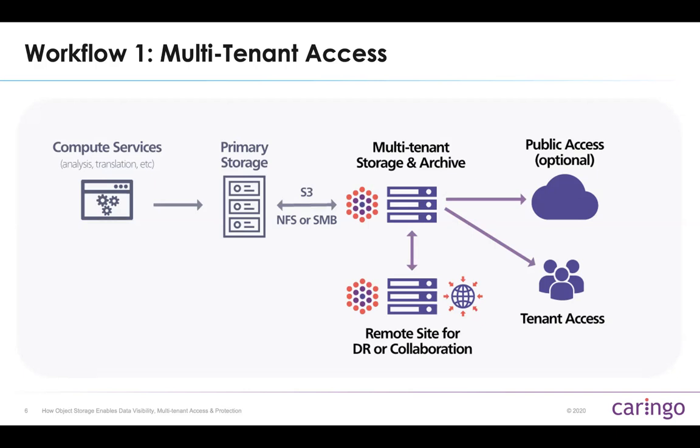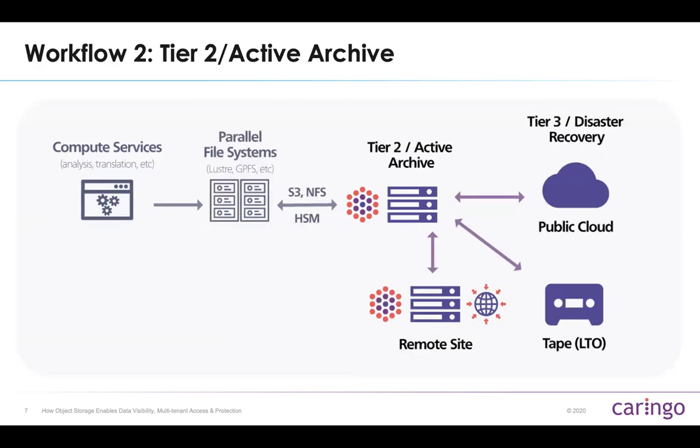It's still archived data, but it's searchable, it's instantly accessible, and you can share it. You go ahead and you offload your primary storage. So you save your investment there. You make that primary storage faster because it has less data on it. You put it on a highly scalable pool of storage like Caringo Swarm Object Storage, and then you can continue to provide access to that to researchers around the world.